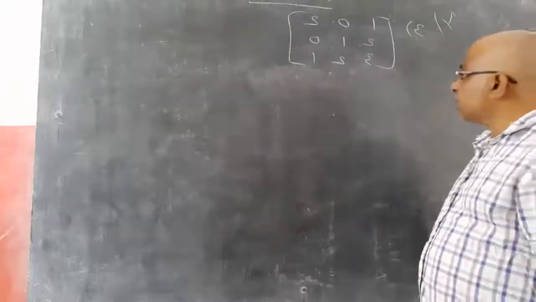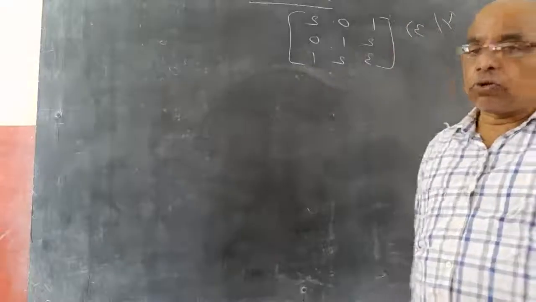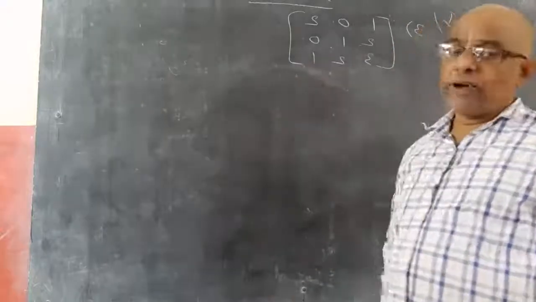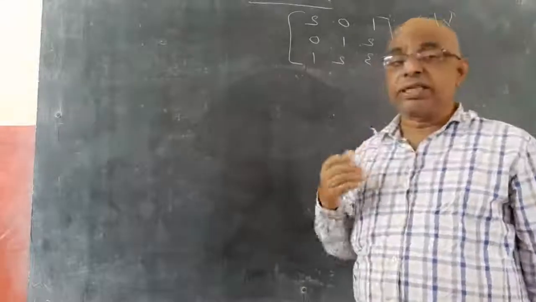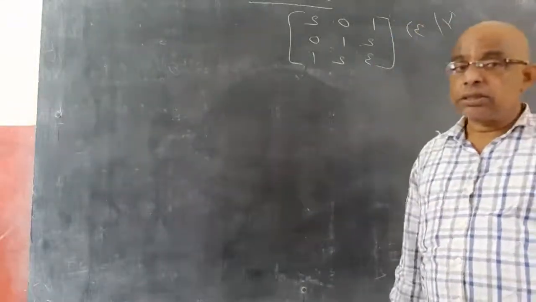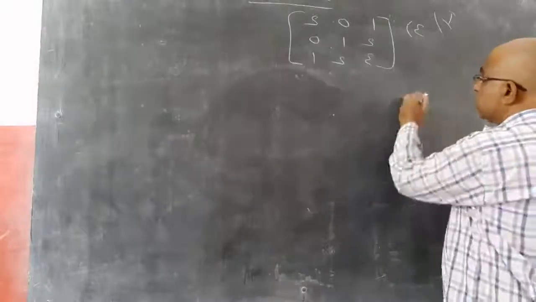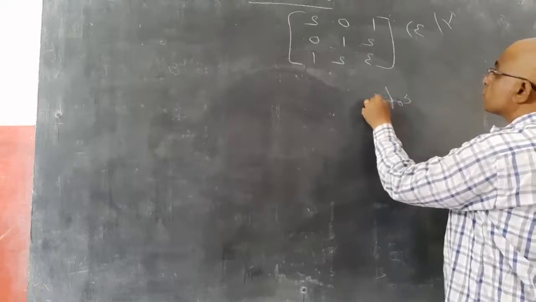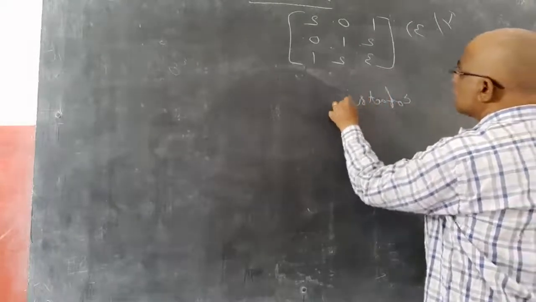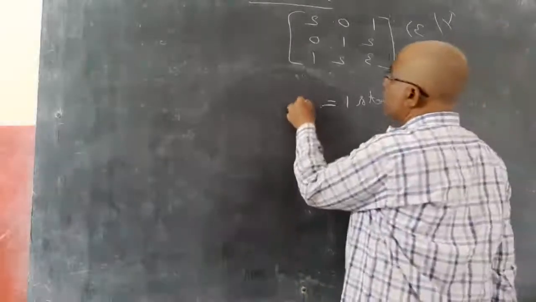Before finding adjoint A, we need the transpose of the cofactor matrix. So we need to find the cofactors of all the elements separately, then transpose it. Cofactor of 1 equals -1 to the power i plus j.